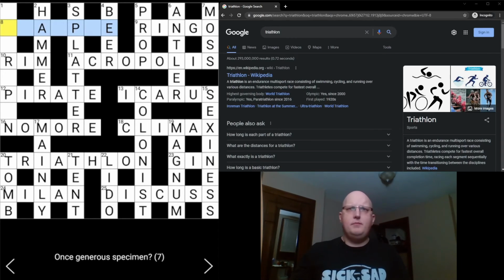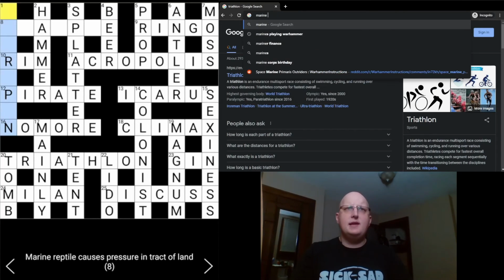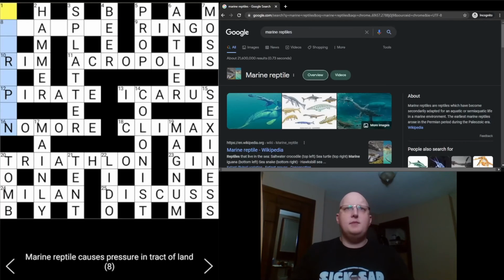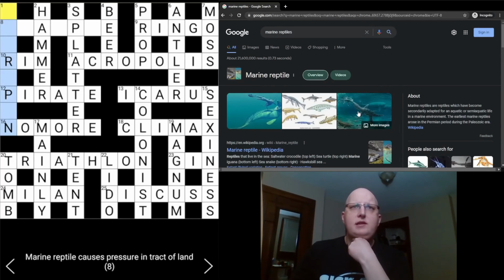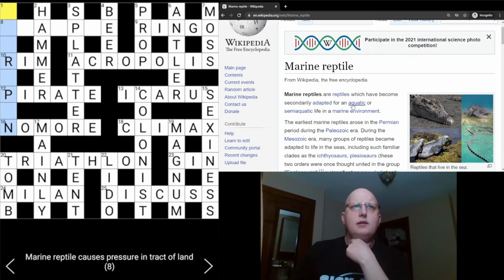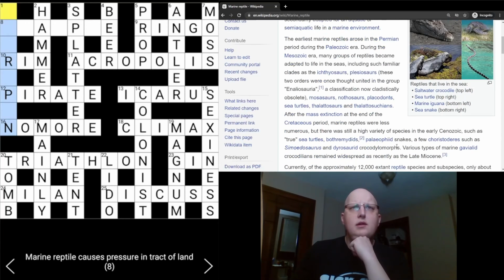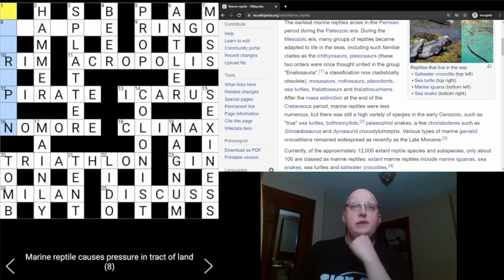All right, let's look up what marine reptiles could be. What are some marine reptiles? I can definitely name some marine mammals. Well, I'm guessing they're not talking about plesiosaurs. Oh, crocodile, alligator, caiman. Caiman would sort of work. Marine iguanas, sea snakes. Right, I guess none of the ichthyosaurs or plesiosaurs, which are two different things, and neither of which are dinosaurs.